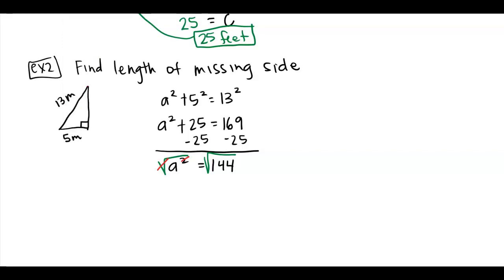And then we're left with a equals 12, right, and 12 meters specifically on this, right, because we're talking about the length of a side. So we need to make sure that we put that in there. All right, what about questions on that one?